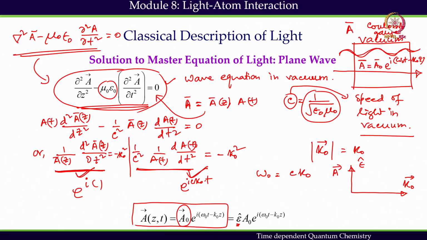So, the unit vector along the polarization direction is the epsilon cap.